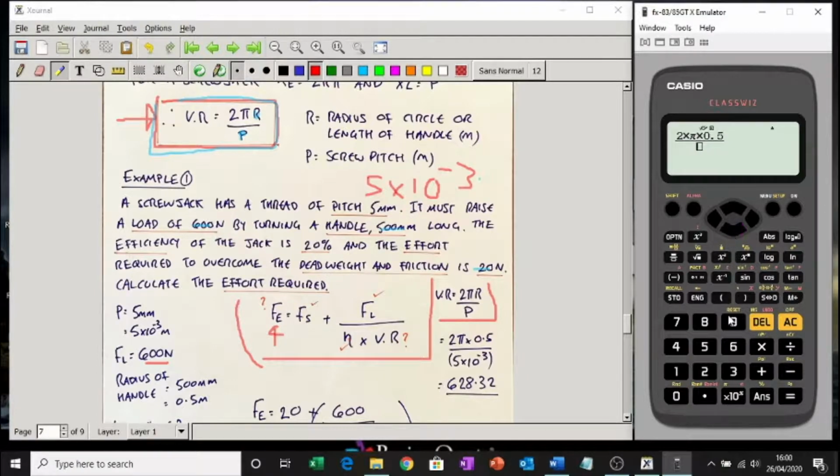Then divide by 5 times 10 to the minus 3. Close the bracket, press equals. 200 pi is the answer, but we'll put it in like that. So 628, that's our velocity ratio.